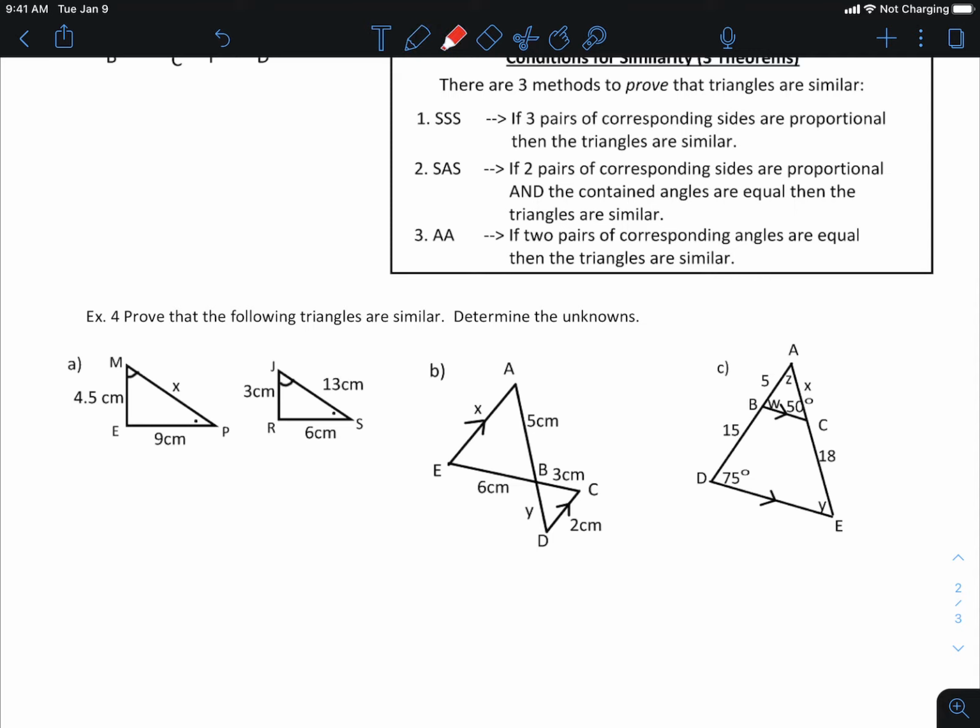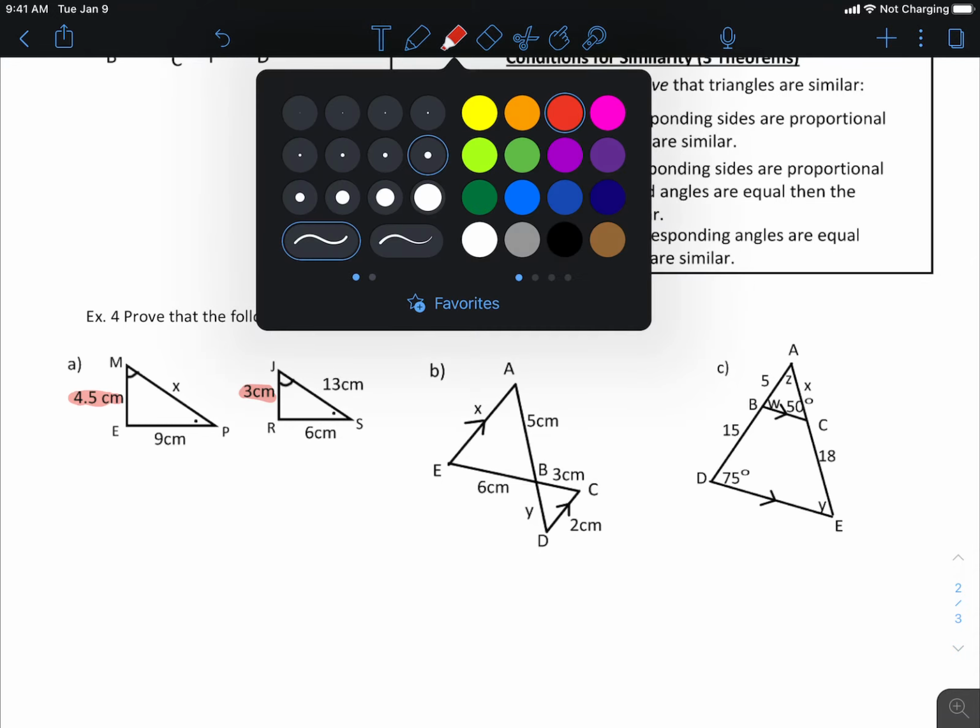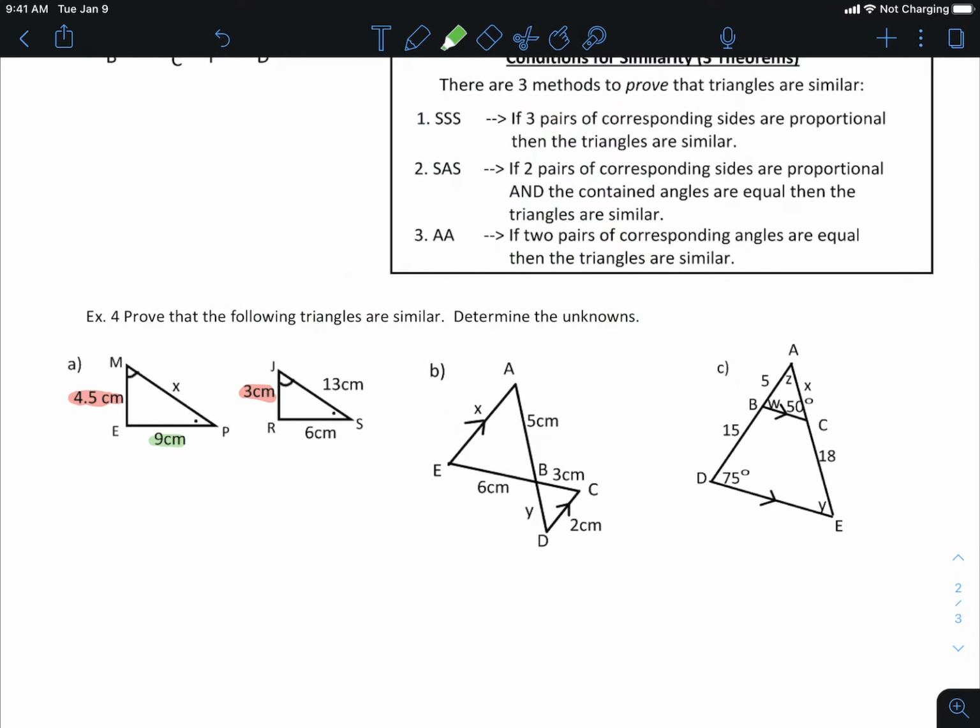These are lined up in a nice way, so it kind of makes sense. I would say this one matches up with this, and this one matches up with this. Could you tell me, is triangle JRS smaller or bigger than triangle MEP? Smaller. How much smaller do you think?